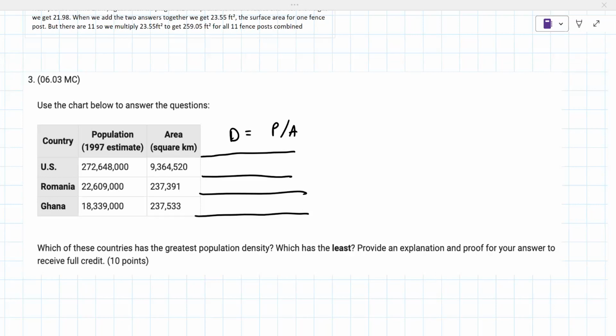Yeah, probably around the time I finish this, but I think I kind of get it because all I have to do is explain how you got each of the densities, and then say this one's the greatest because it's greater than the other two densities, and the other one's the least because it's lower than the other two.